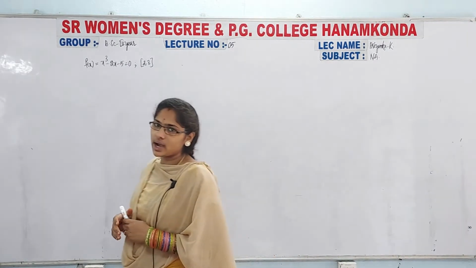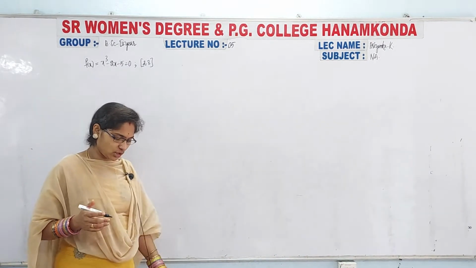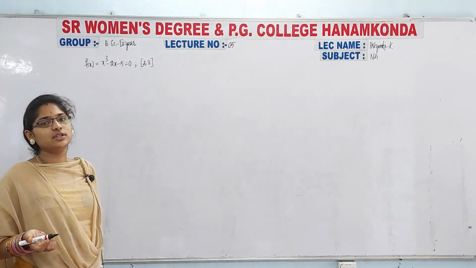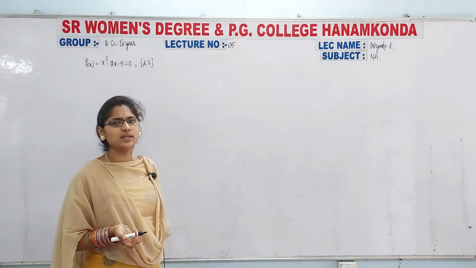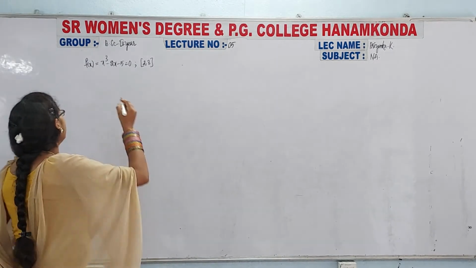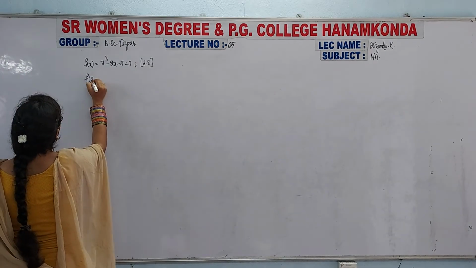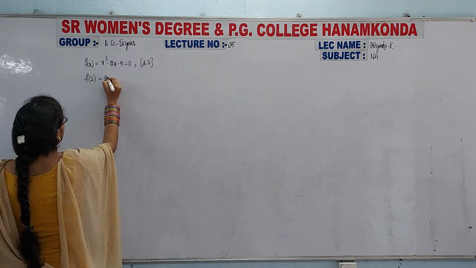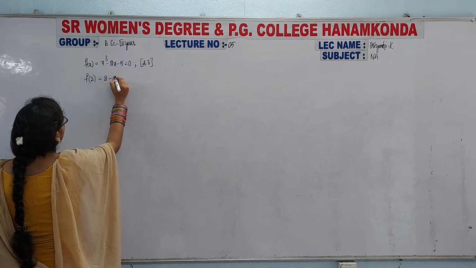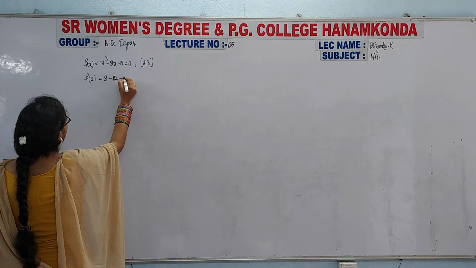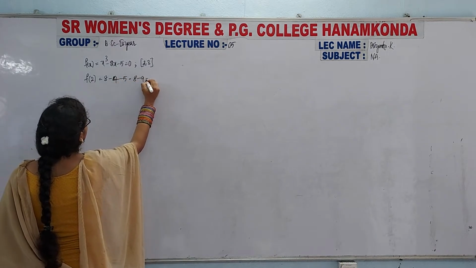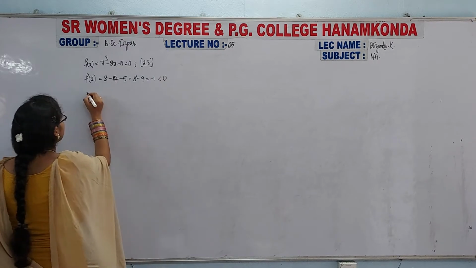Okay, now here again I am going to start this application, so please be careful with this one, because if you understand this method then it is easy. Now f of 2, that is 8 minus 2 twos are 4 minus 5. Now 8 minus 9, which is equal to minus 1, less than 0.